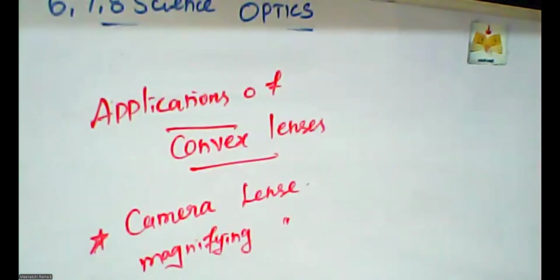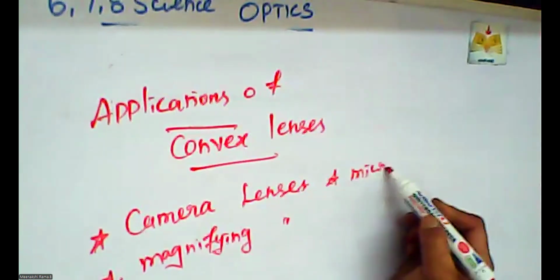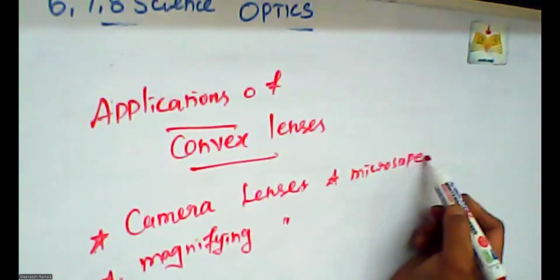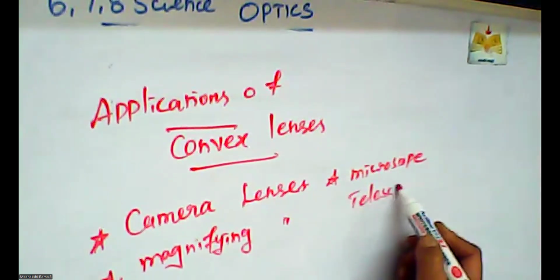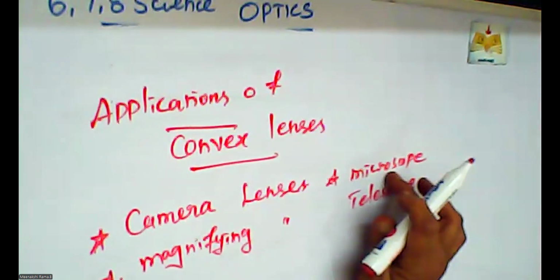A magnifying lens is a convex lens. And then the next point, the convex lenses are used in the microscope and telescope. A microscope helps us get a clear, large picture of a very small object.